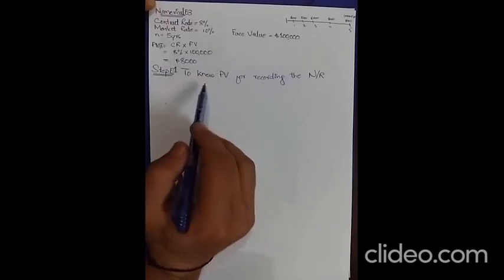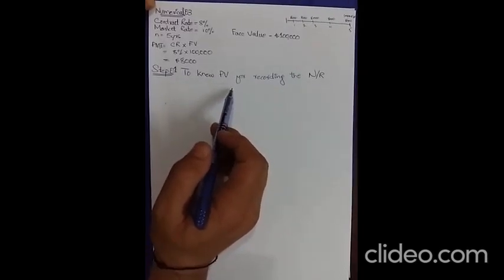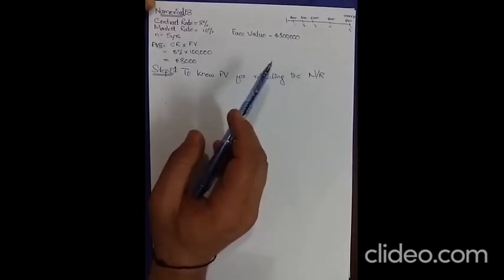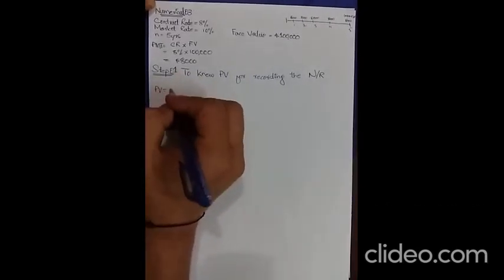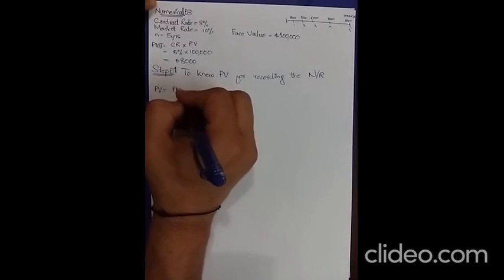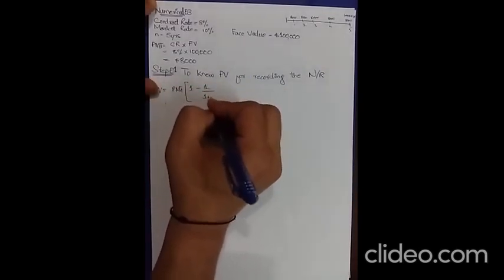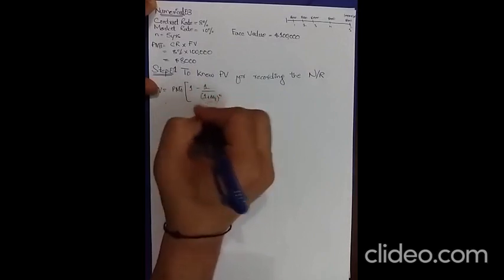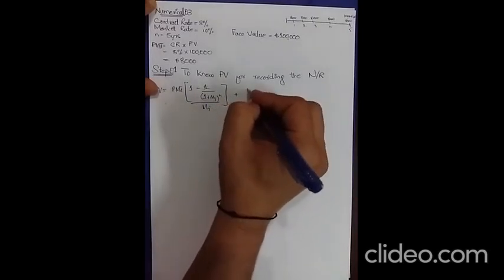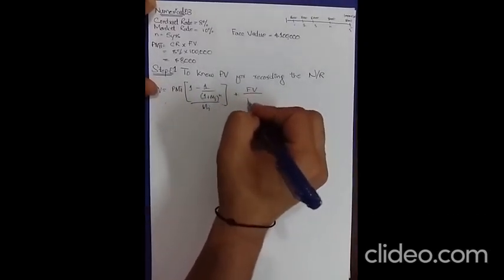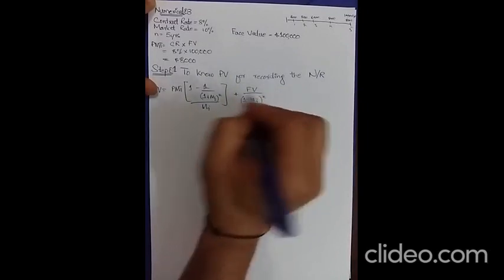Our first step, as usual, is to calculate the present value, because we need to record the note receivable. To do that we use the present value ordinary annuity formula: PMT times 1 minus 1 divided by 1 plus the market interest rate to the power of the life, divided by the market interest rate, plus face value divided by 1 plus the market interest rate to the power n.